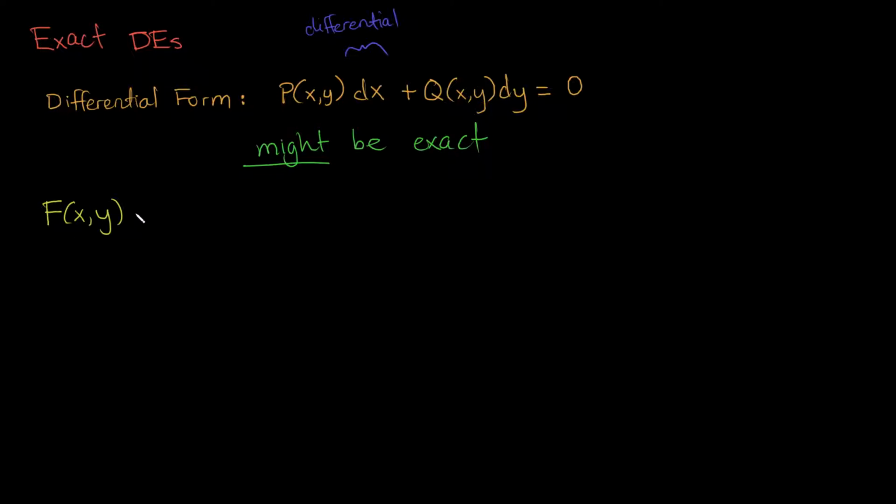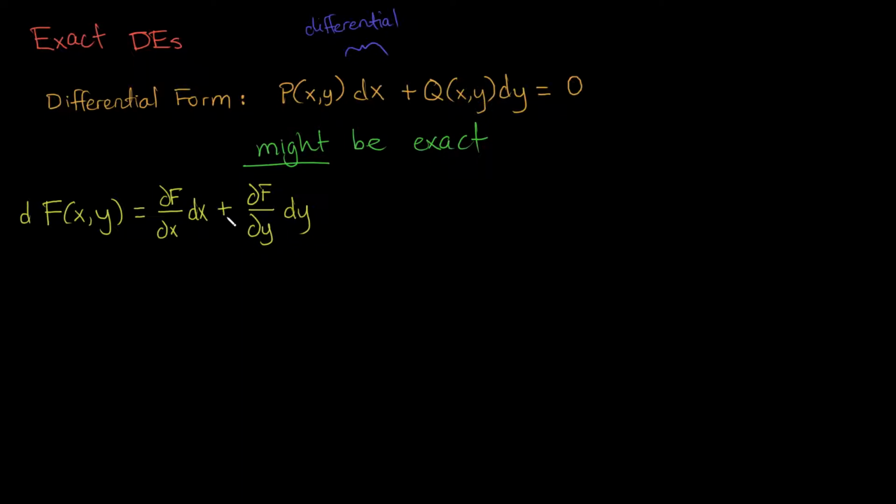we can define its total differential to be the df of x, y is equal to the partial derivative of f with respect to x times dx plus the partial derivative of f with respect to y times dy.